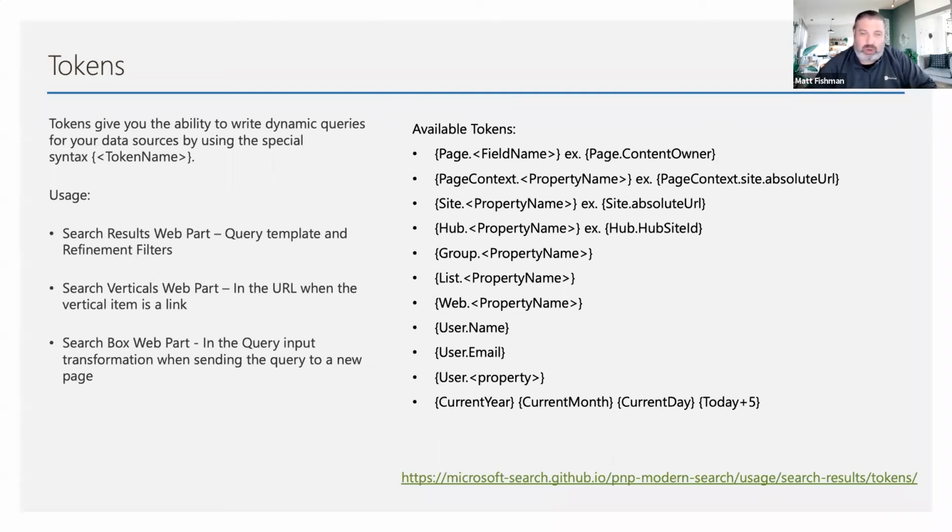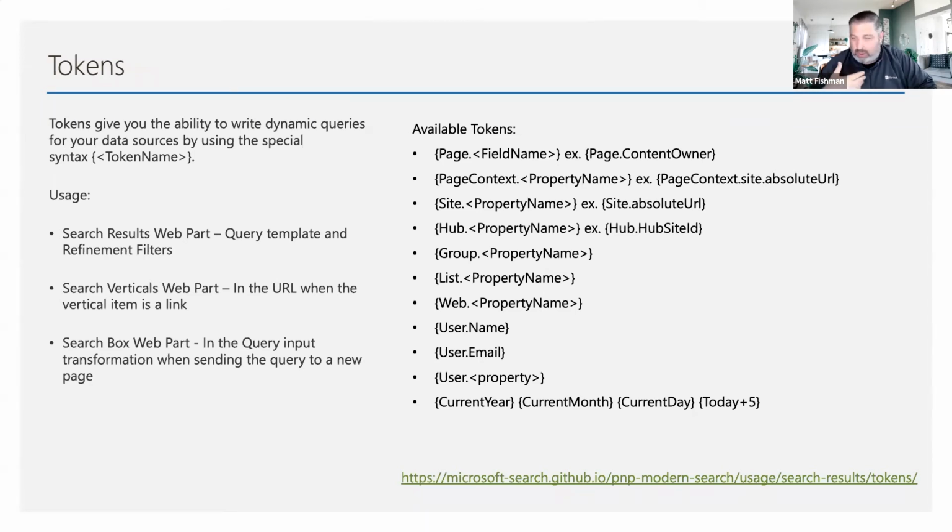So for example, if I wanted to say, show me all of the documents that I created, I can make a query that says created, and then in curly braces, user. And that would take from the context of my session, pass that in and show me my documents. And I'll have examples of that. So you can see that you can create very dynamic and personalized experiences here.